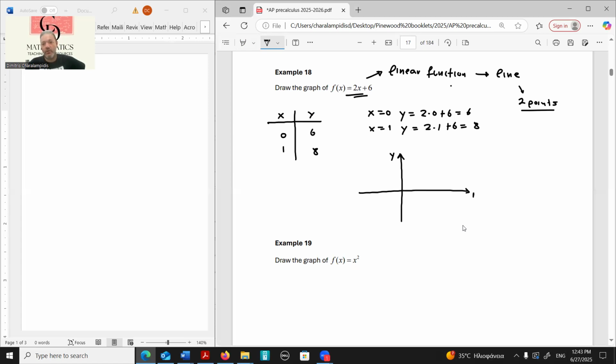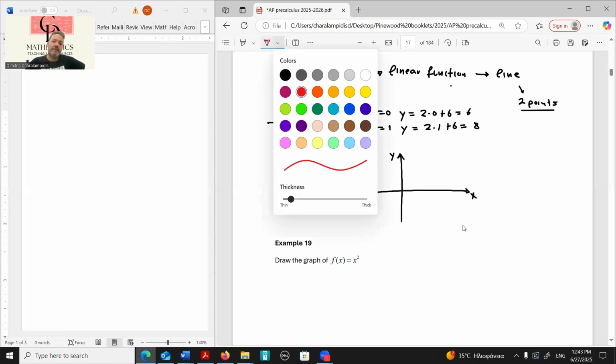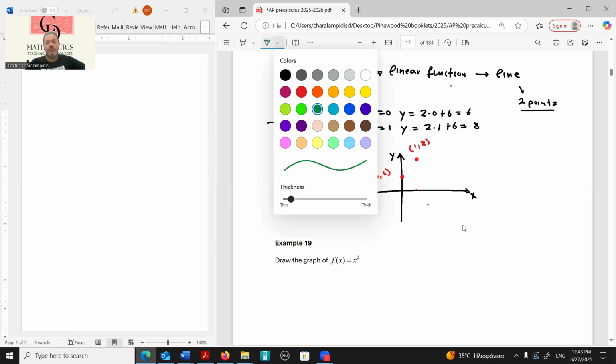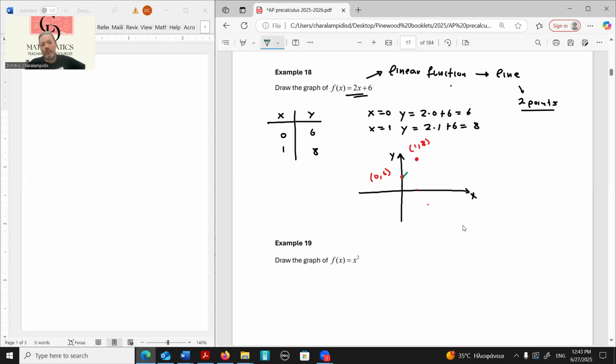So I will go to a set of axes and place these points. It's 0 and 6, let's assume it's this point, and then 1 and 8, let's assume it's this point as well. So we knew that would be a line. There it is. This is the graph of that function.